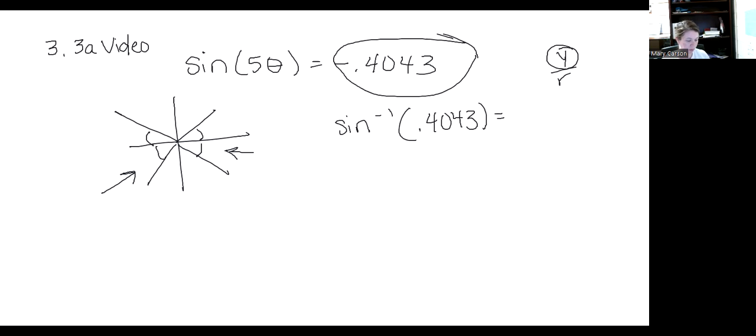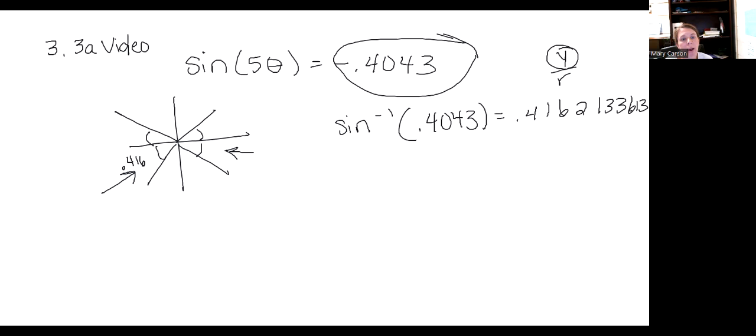When you plug it in the calculator, the inverse of sine of 0.4045 is this long number, 0.41621333613. Now, what that means is this right here is going to be that value, and we want to find this angle.